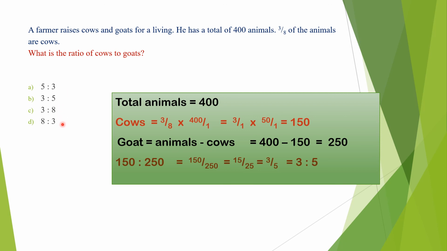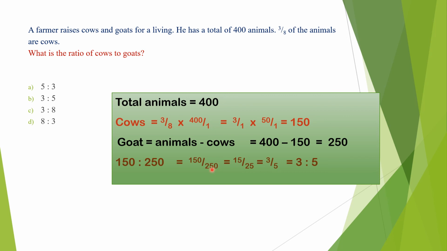Hence, what we know is that we have to write this number in its lowest terms. In this case, we write 150 over 250. To reduce to its lowest terms, I took the easier route. 150, because it ends with 0, I know it is divisible by 10. 250, because it ends with 0, I know it is also divisible by 10.